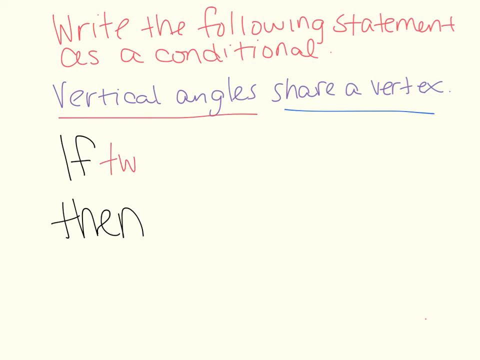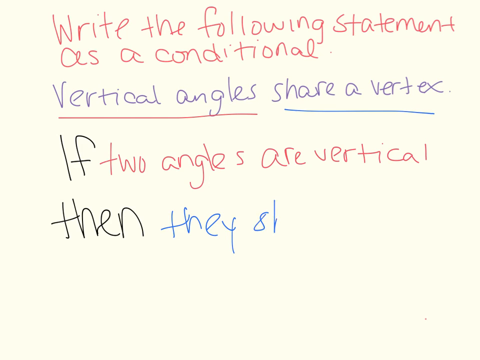If two angles are vertical, then, and here's again, if two angles are vertical, then share a vertex doesn't make sense. So we want to add in a word, they. If two angles are vertical, then they share a vertex.